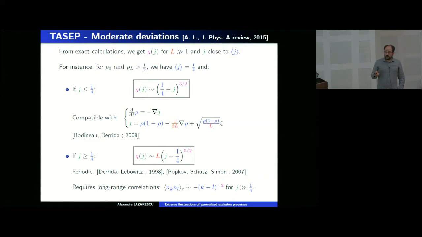These scalings were observed in the periodic case a long time ago by Derrida and Lebowitz, and then more recently, Popkov showed the typical states at a very large current using the Bethe ansatz, which can be done in the open case as well. And in both cases, the typical states have long-range correlations, which would be in contradiction with the macroscopic fluctuation theory ansatz.